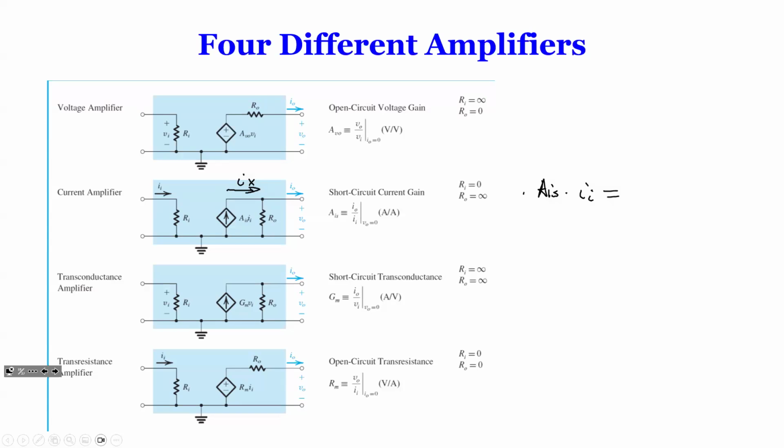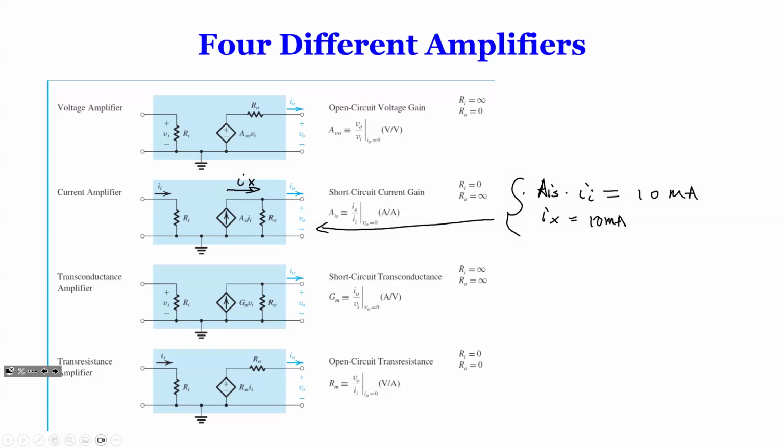I just give it a value, say 10 milliamps. How much is IX, do you think? A IS times II equals 10 milliamps. How much is IX as I marked? It's going to be 10 milliamps, right?